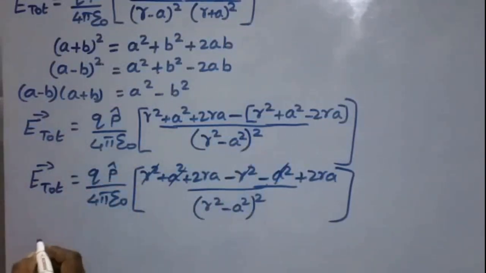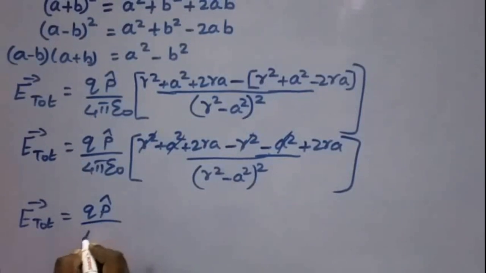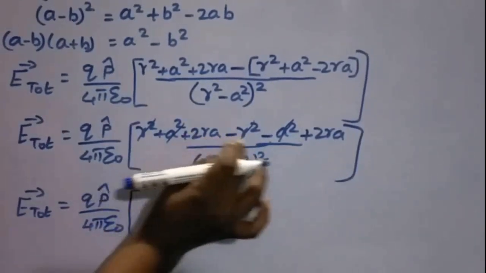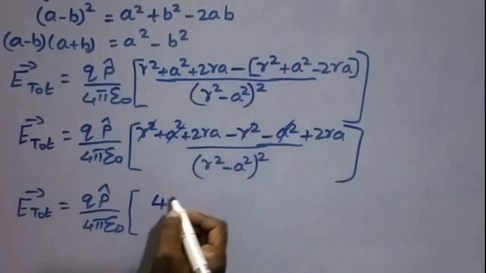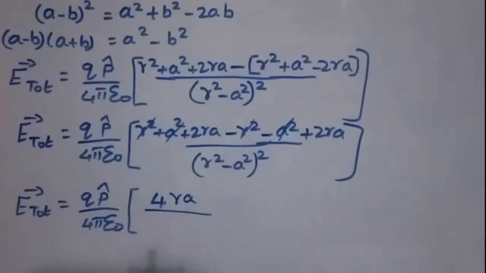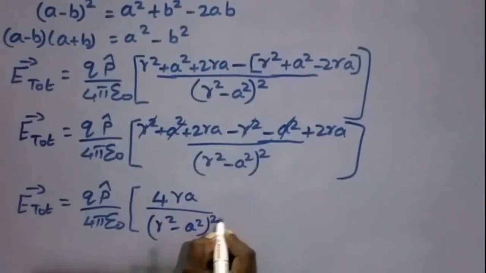What are the remaining? E total vector equal to q p cap by 4 pi epsilon 0 into 2 plus 2, 4. ra is common for both, so 4ra divided by (r square minus a square) the whole square.